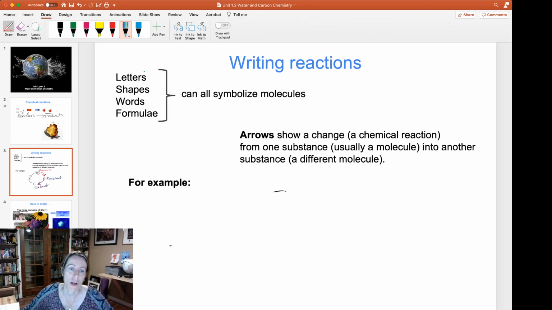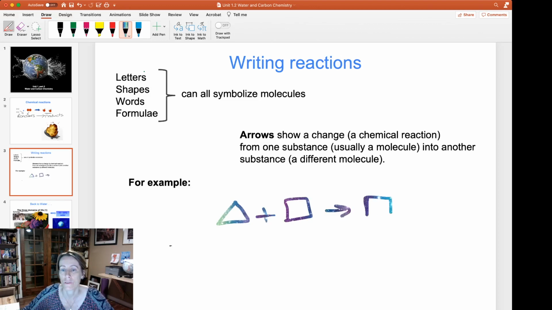Last but not least, you don't have to use letters. I could do triangle plus square turns into funky shape like this, right? So I'm using shapes here to symbolize molecules. Again, these would be my reactants, and this would be my product.